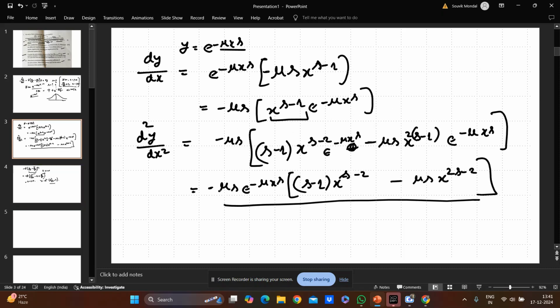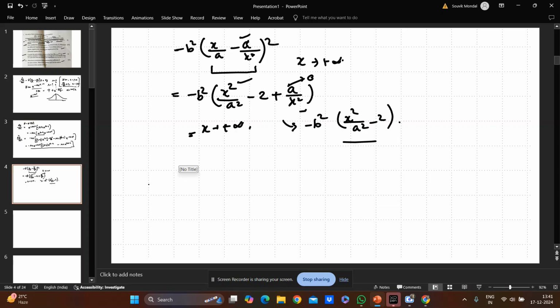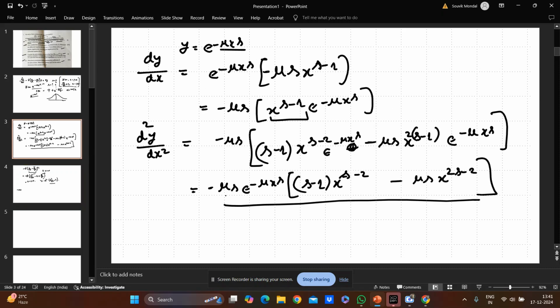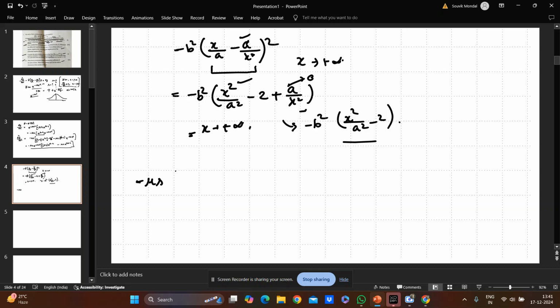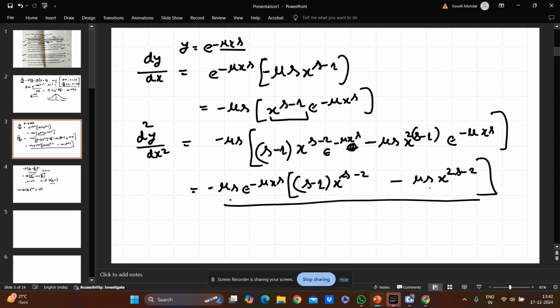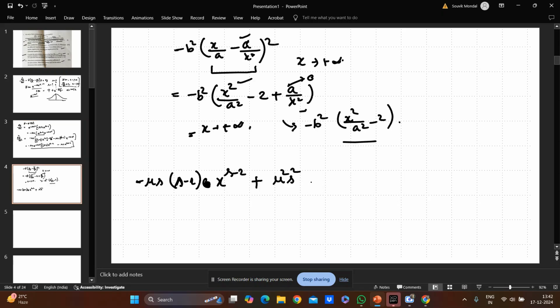So d²y/dx² is μ²λ² x^(2λ−2) minus μλ(λ−1) x^(λ−2).